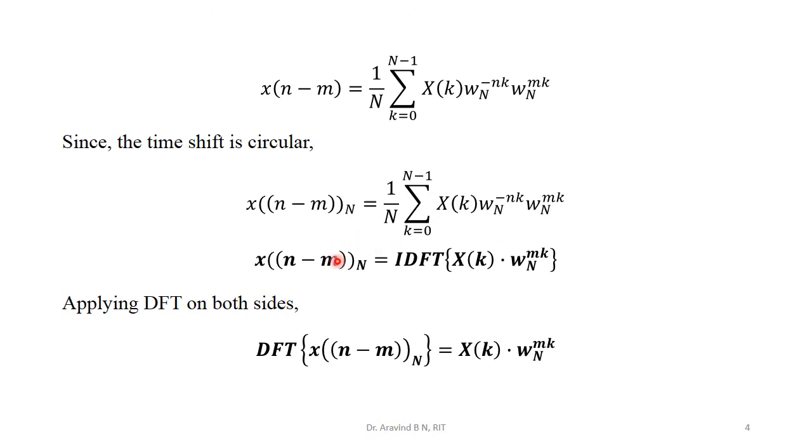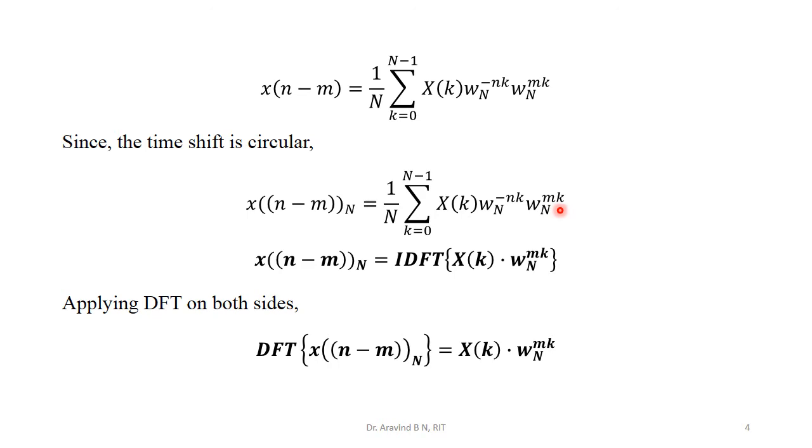Now the left hand part we keep as it is. On the right hand part, if you make an observation, from 1 by N up to omega N to the power minus nk, it is nothing but the IDFT of X of k. But we have one more term, the twiddle factor omega N to the power mk, an additional term.